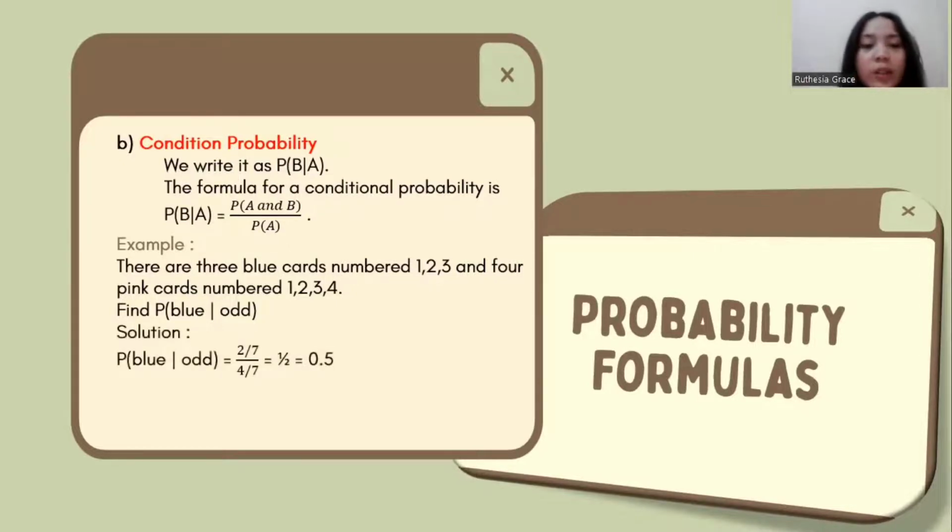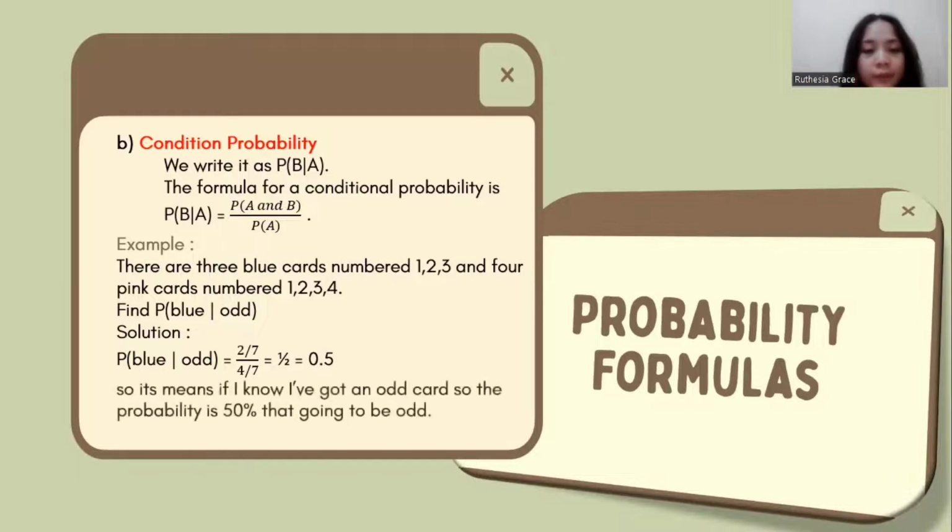For the solution, we just plug into the formula, which is the probability of blue given odd is equal to probability of A and B, which is 2 over 7, over probability of A, which is 4 over 7. And it's equal to a half, which is 0.5. So it means if I know I've got an odd card, the probability is 50%.